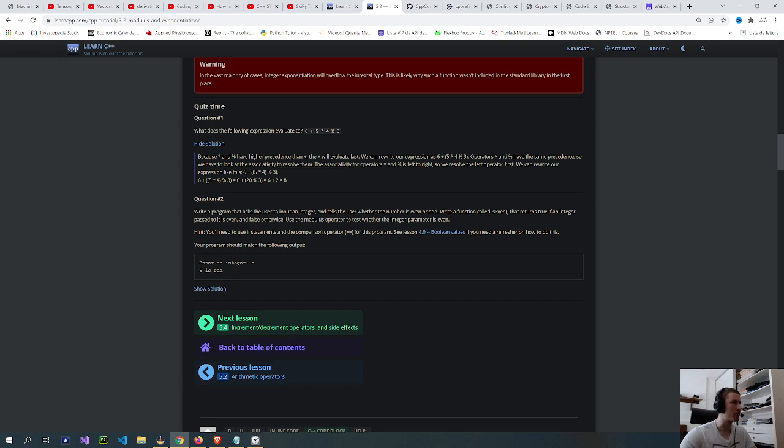Because multiplication and modulus have higher precedence than plus, the plus will evaluate last. We can write our expression as this. Operator this and this have the same precedence, so we have to look at the associativity to resolve them. The associativity for these operators is left to right, so we resolve the left operator first. So it's gonna be 20 divided by 3.